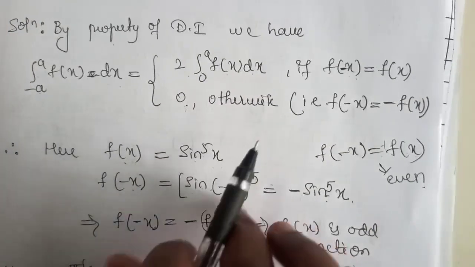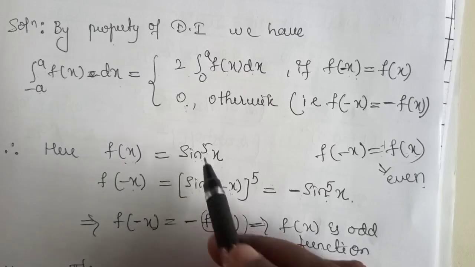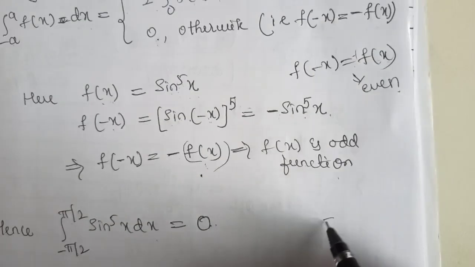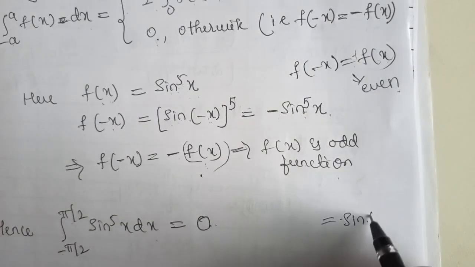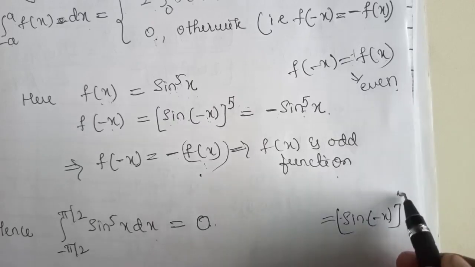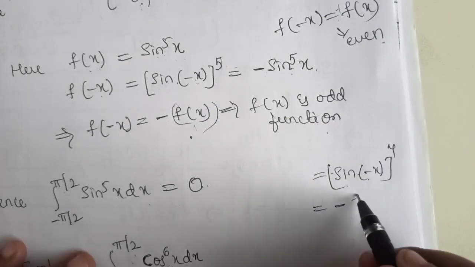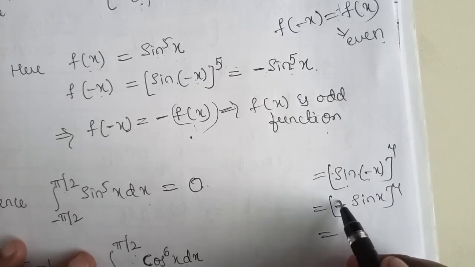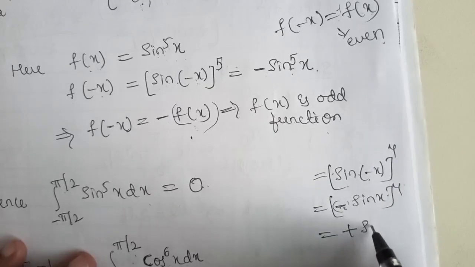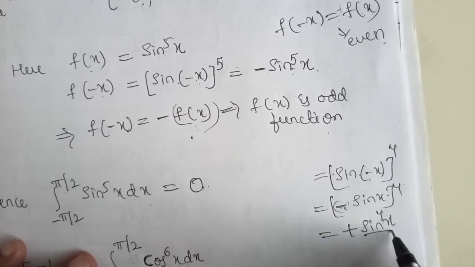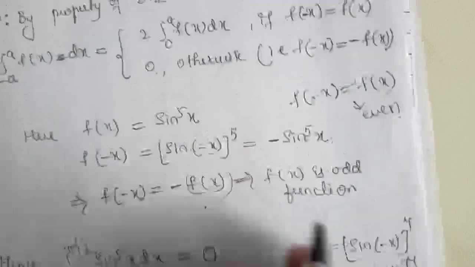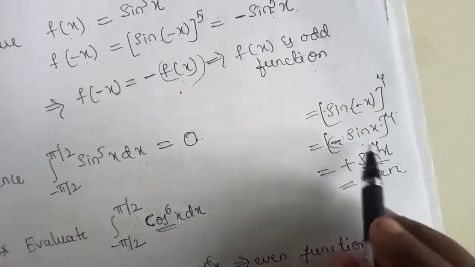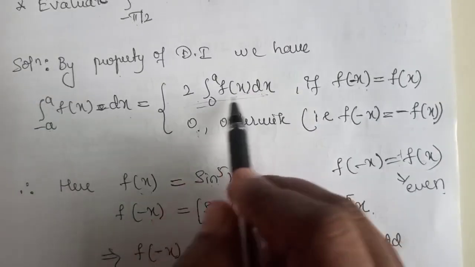Suppose for this example, if we have power 4, and we have sine of minus x whole power 4, then this becomes minus sine x whole power 4, which is minus 1 power 4, equal to plus sine x power 4. So this becomes an even function. So it depends on the power also. In this case we apply this property.